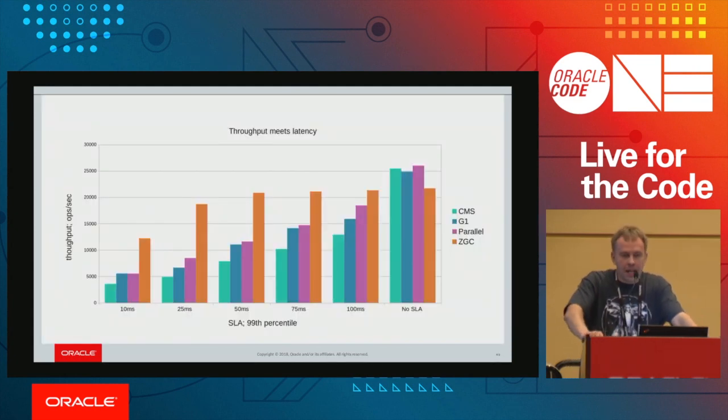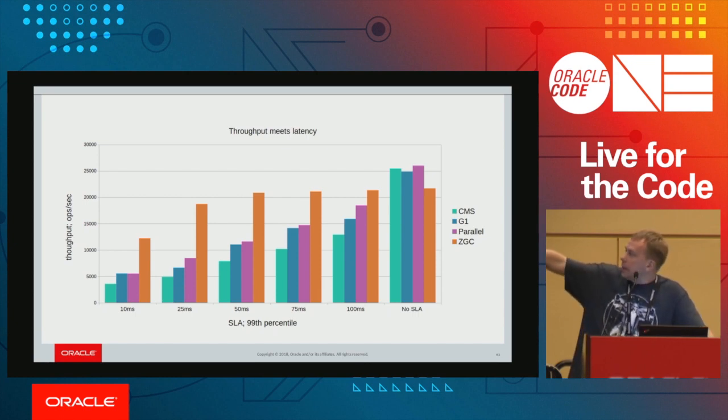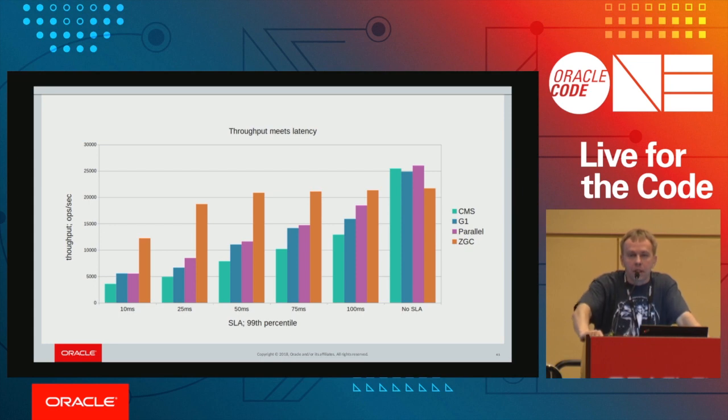And again, the same example: don't tune anything, execute it with defaults on a 32 gigabyte heap size for different garbage collectors. What are we measuring on this chart? The right group, no SLA, is the maximum available throughput of that application. We can see that CMS, G1 and Parallel do pretty well, Parallel even better than G1, and ZGC is losing.